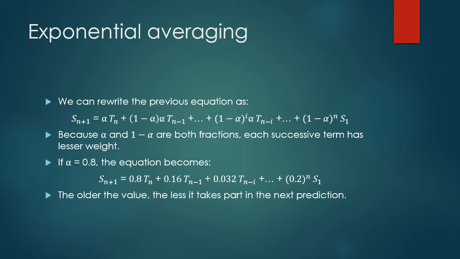Because alpha and 1 - alpha are both fractions, each successive term has lesser weight. I have shown you an example with alpha equal to 0.8. The older the value, the lesser it takes part in the next prediction.